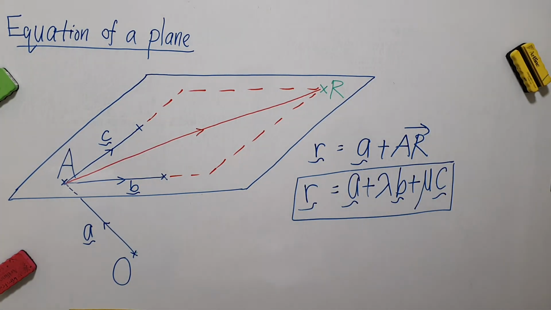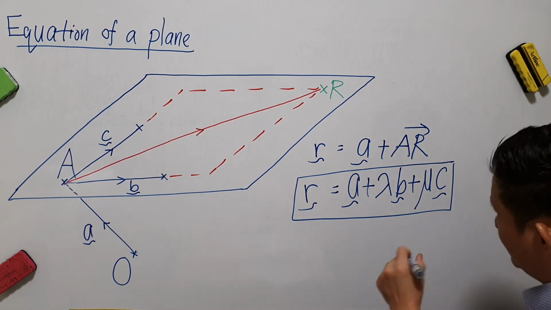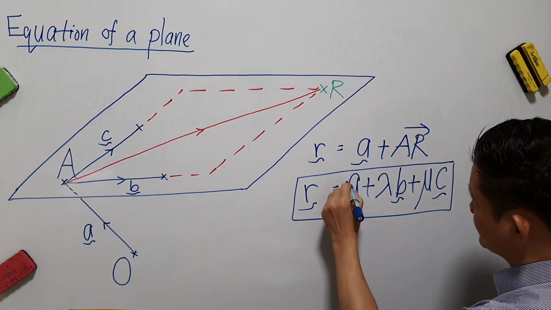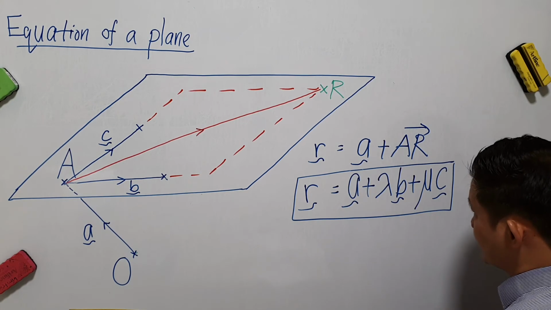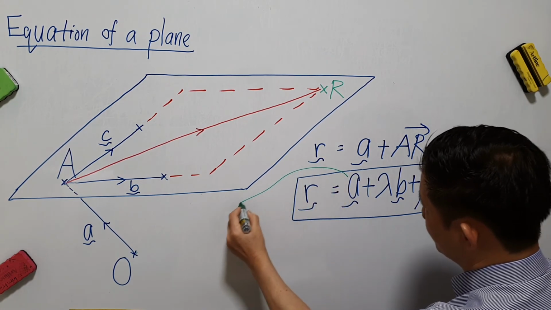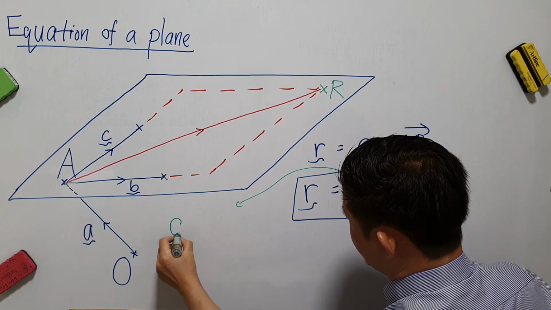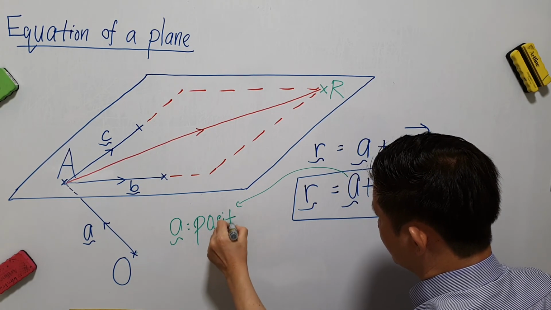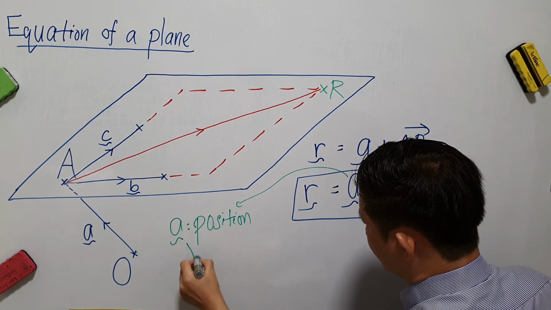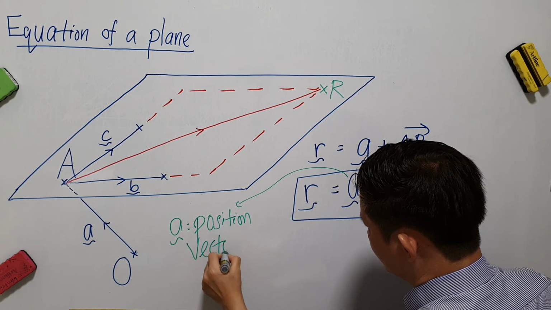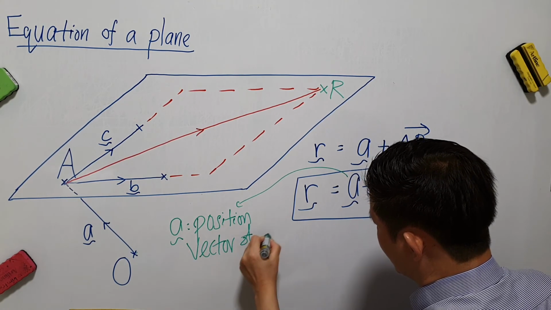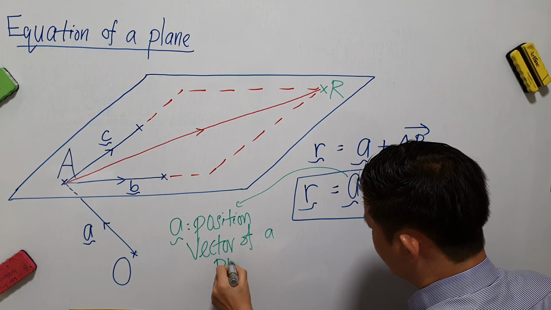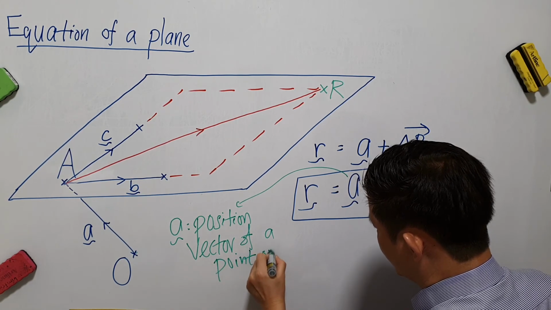So what I have here is that A represents the position vector of a point on the plane.